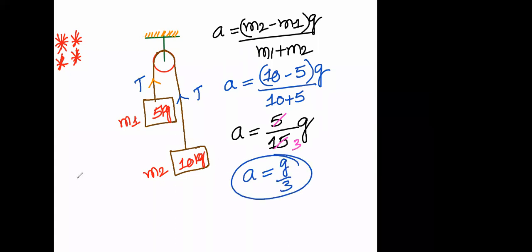If you want the tension, T is equal to 2 M1 M2 G divided by (M1 plus M2). This is the formula for the tension.